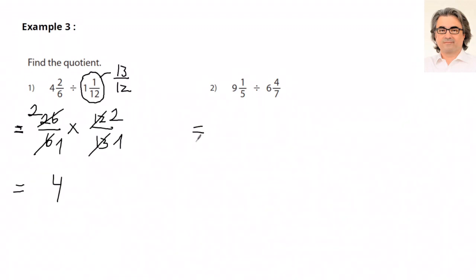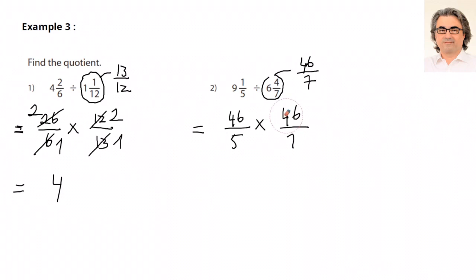What about the second one? 9 and 1 over 5. 9 times 5 is 45. 45 plus 1 is 46 over 5 times 7 times 6 is 42. 42 plus 4 is 46 over 7. Sorry. I should change the places of numerator and denominator. And let's write the improper form of this fraction here. 46 over 7.